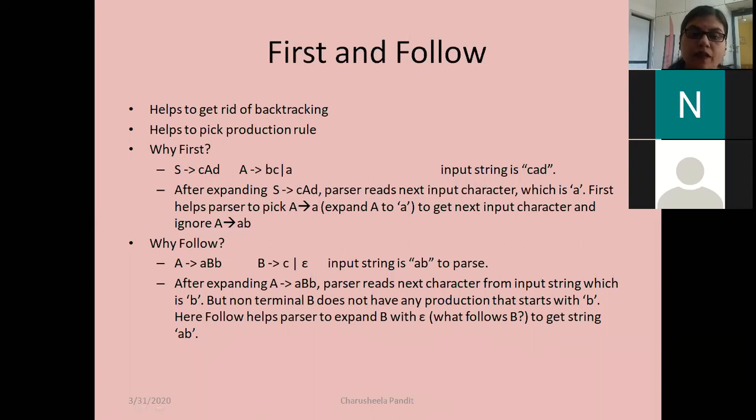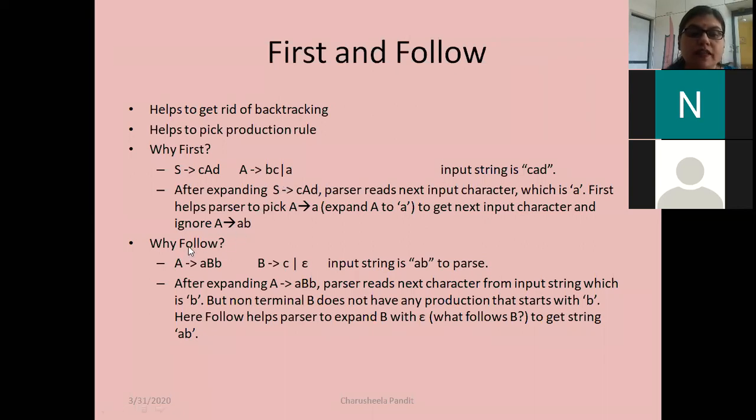So the first will help the parser to pick the production A produces small a and ignore the production A produces BC. So here the first helps to pick the particular alternative from BC or a, and it will help to remove the backtracking.